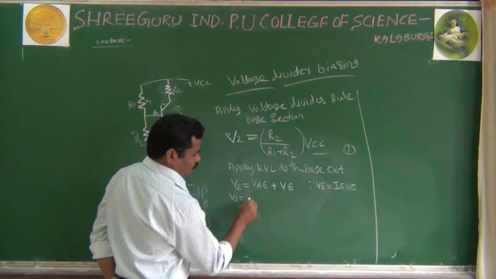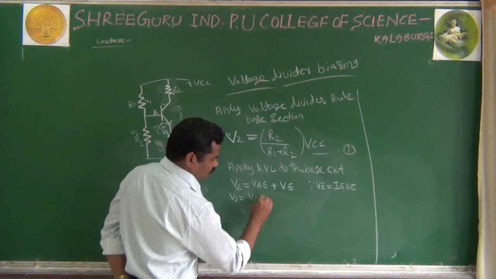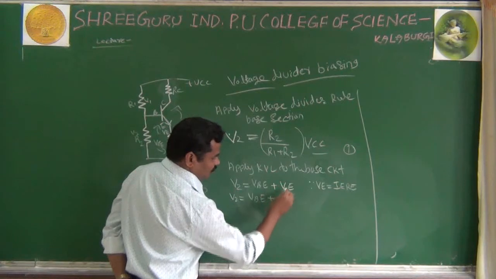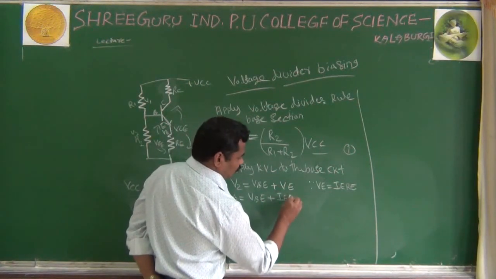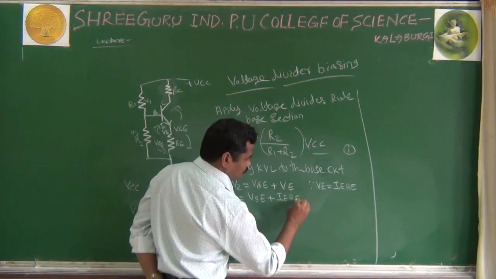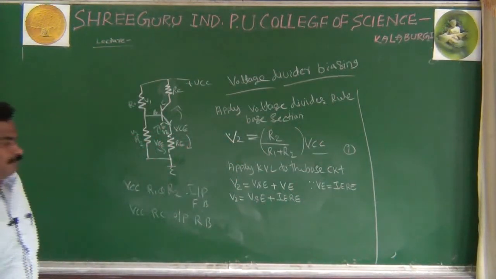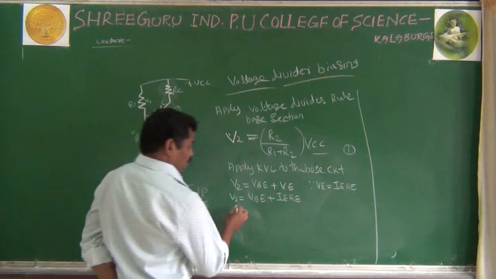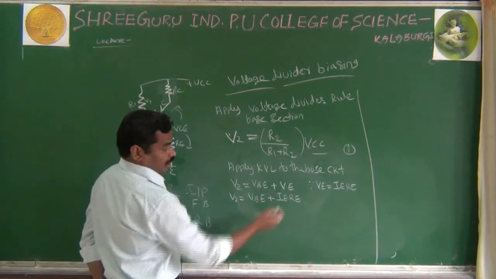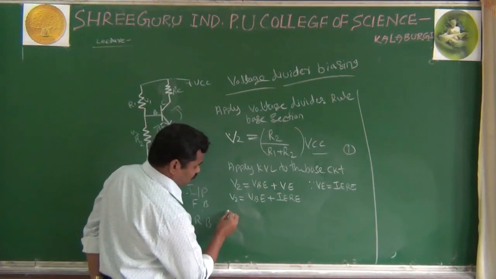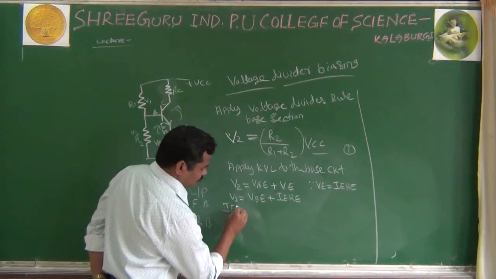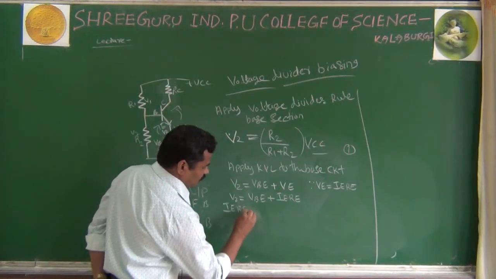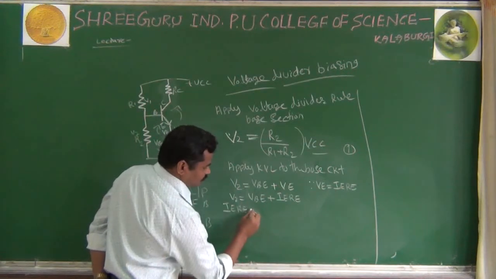V2 equal to VBE plus, you can write in place of V, IE into RE. Right? Then what do you want? We want IE. What do you have to do? You take this side and V2 goes that side.